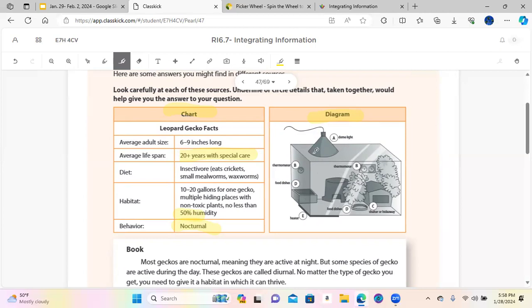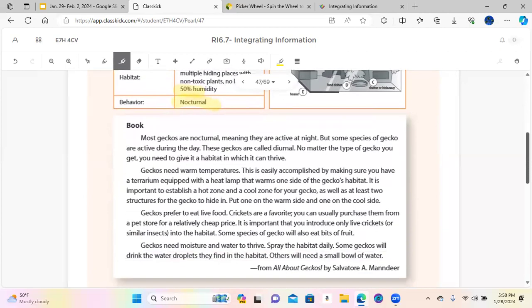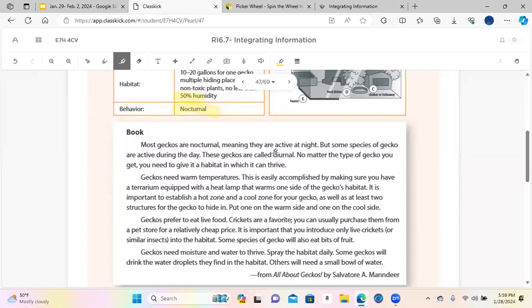You need light. So once you can provide these, all right, so most geckos are nocturnal, meaning they are active at night, but some species of gecko are active during the day. These geckos are called diurnal.